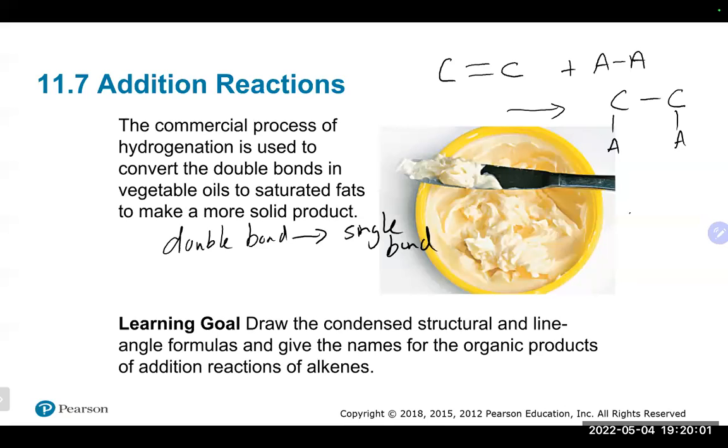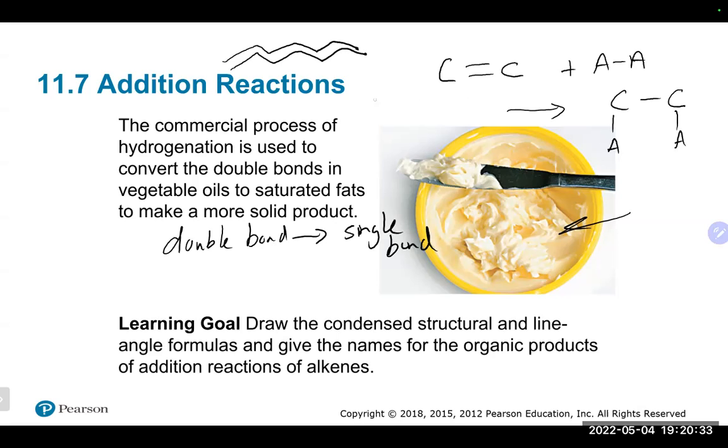The reason we got some margin here is this process, for example, when you add hydrogen, as we will see, is what's known as a hydrogenation reaction. Perhaps you've heard of things being partially hydrogenated. That's basically what it means. When you take out some of the double bonds, especially when you have fatty acids, which have long carbon chains, and if you have no double bonds, all those carbon chains fit really nicely with each other and it makes things like fats more solid.